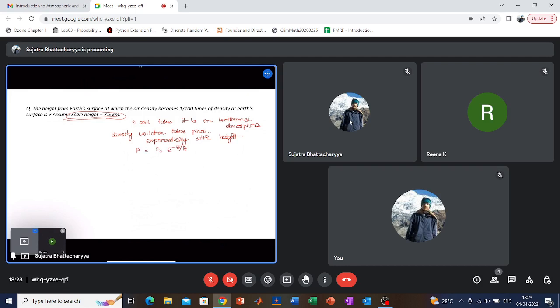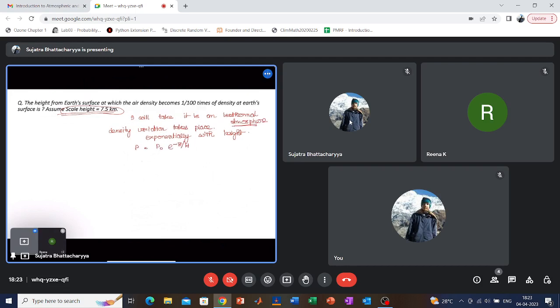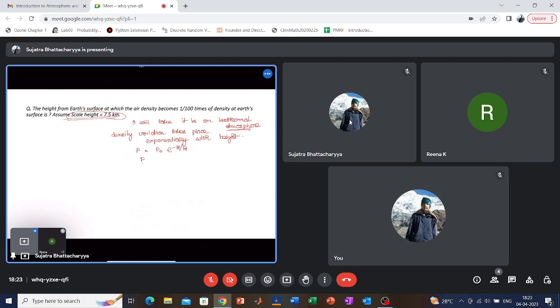Similarly we can write now, since it is an isothermal atmosphere, if we write the ideal gas equation, then it will be P equals rho R T. This is the ideal gas equation. Now R is the specific gas constant and T is constant, therefore P and rho are proportional. Therefore this expression in pressure can be written as rho is equal to rho naught e to the power minus z by h.